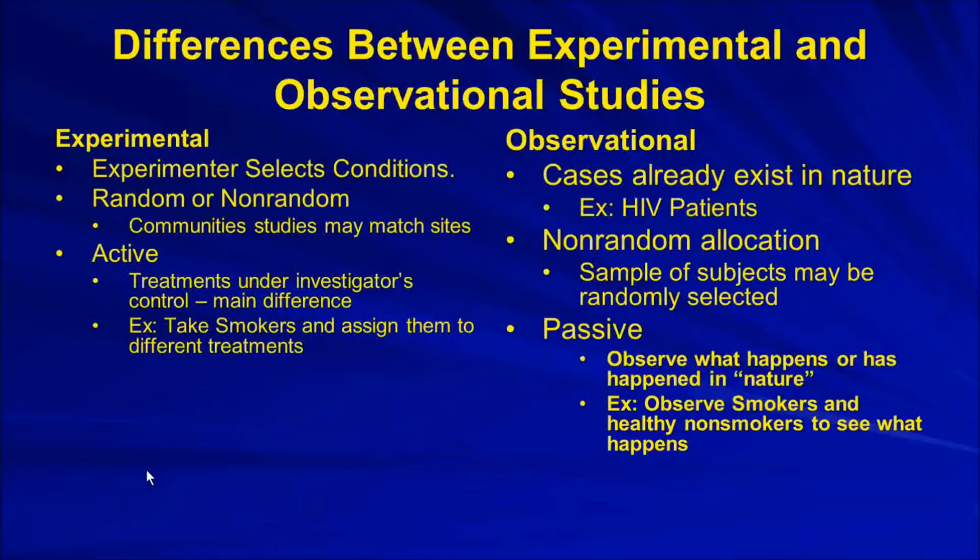And we have something that's active. The treatment is under the investigator's control, which is the main difference. You can take smokers and assign them to different treatments, for example. Now, experiments are the only design that addresses causation.